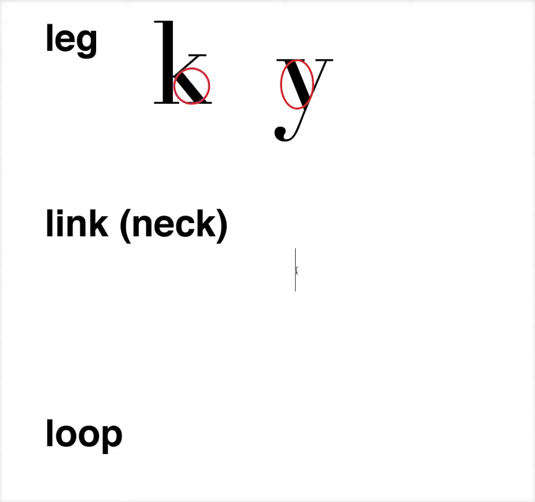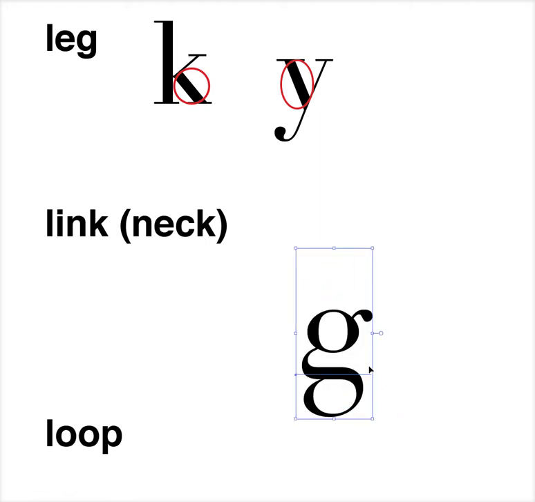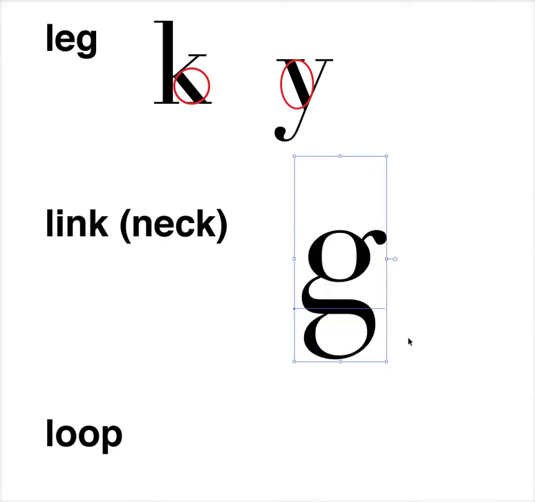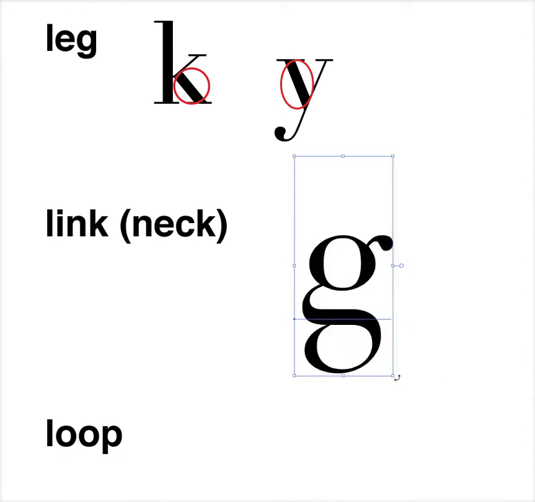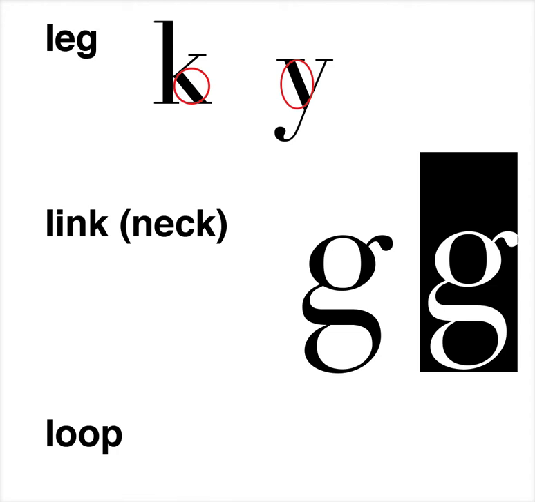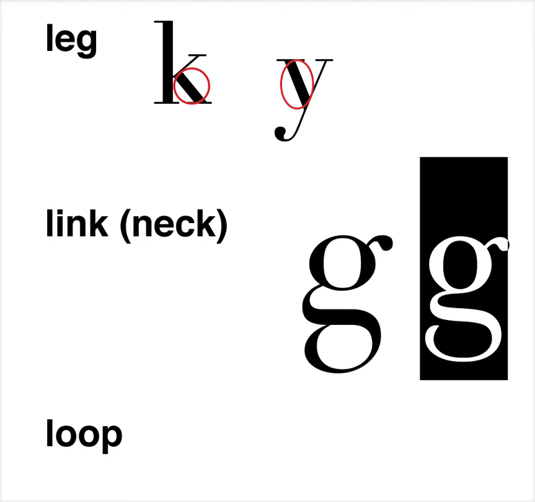And the link or the neck is a part of a g. It's the easiest letter form to see it in, although you'll probably find the link in some other letter forms as well. Enlarge this a little bit. And this is in Didot, again, I'm sorry, Didot is modern, and Baskerville is transitional.